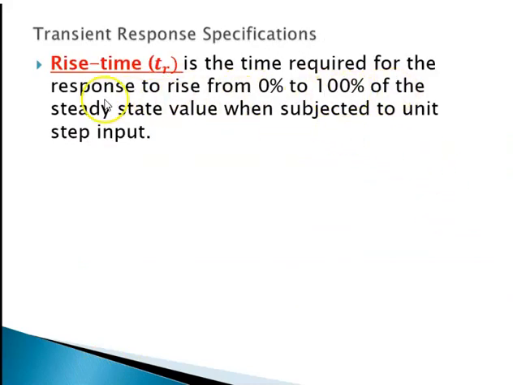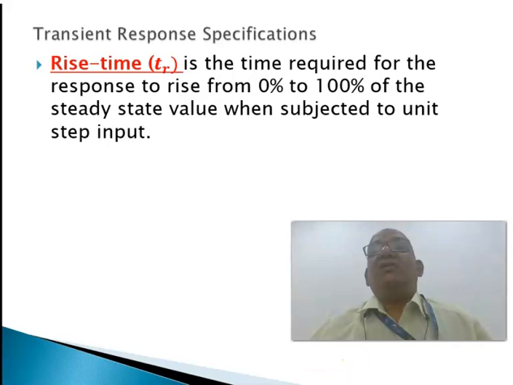Rise time is the time required for the response to rise from 0 to 100% of the steady state value when subjected to unit step input. For an underdamped second order system, the steady state value is the magnitude of the input given, that is 1 unit, and the time required for the response to rise from 0 to 1 is the rise time.